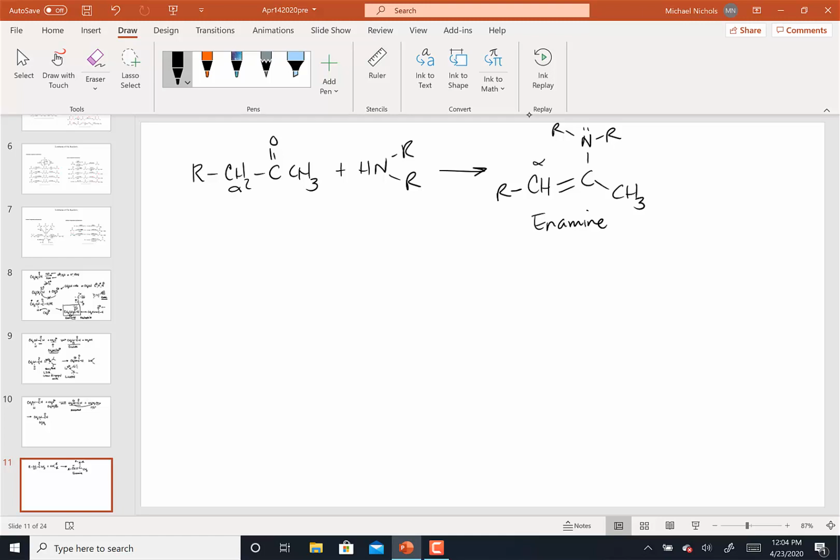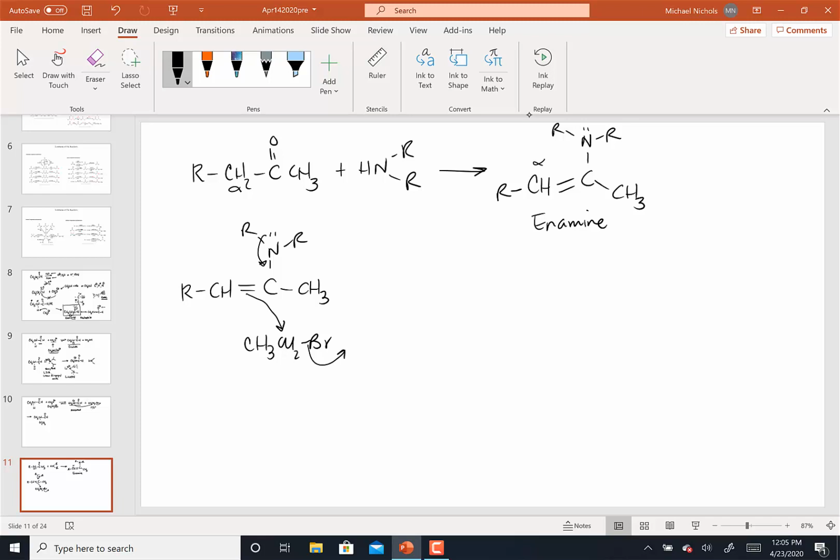And here's what would happen with the enamine. I'm going to react this with my same ethyl bromide as I did with the enolate. But you might say, okay, where is the nucleophile here? Well, if you think about taking this pair of electrons on the nitrogen, moving here, then you can take this pair of electrons in the double bond, attack that carbon, and kick off the bromine.